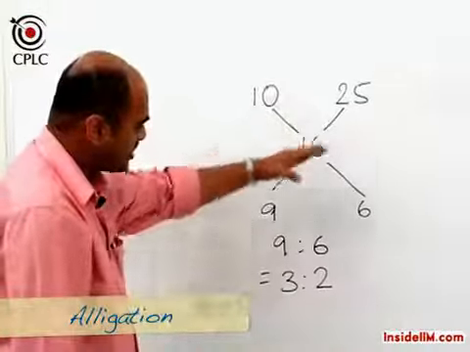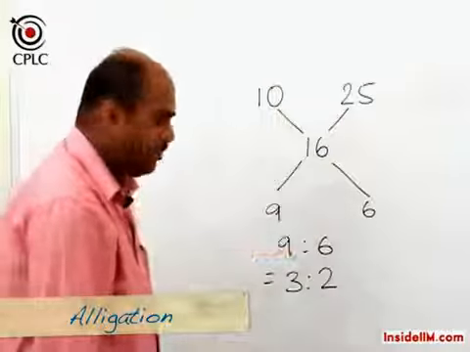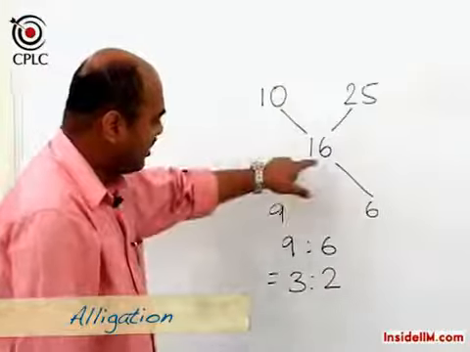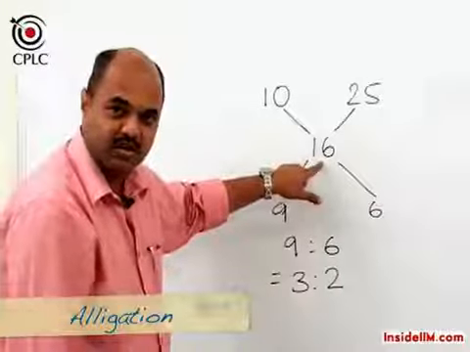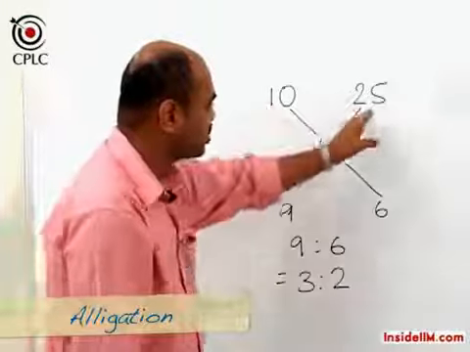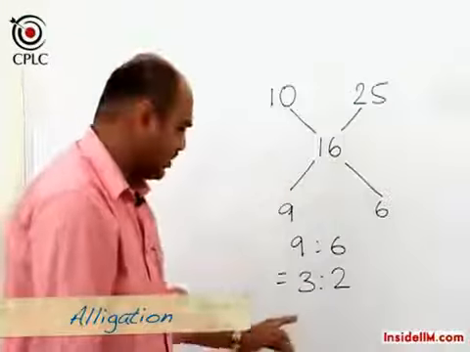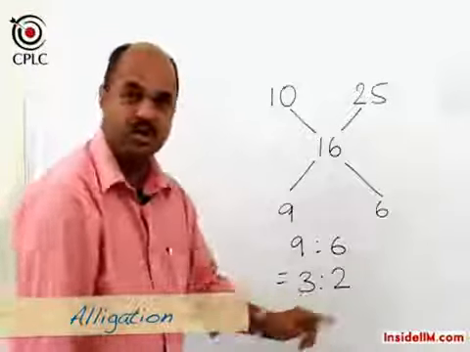And hence, using the same concept of alligation, we would find out that if we want a 16% return on average through these two, then the ratio of investment should be 3:2.